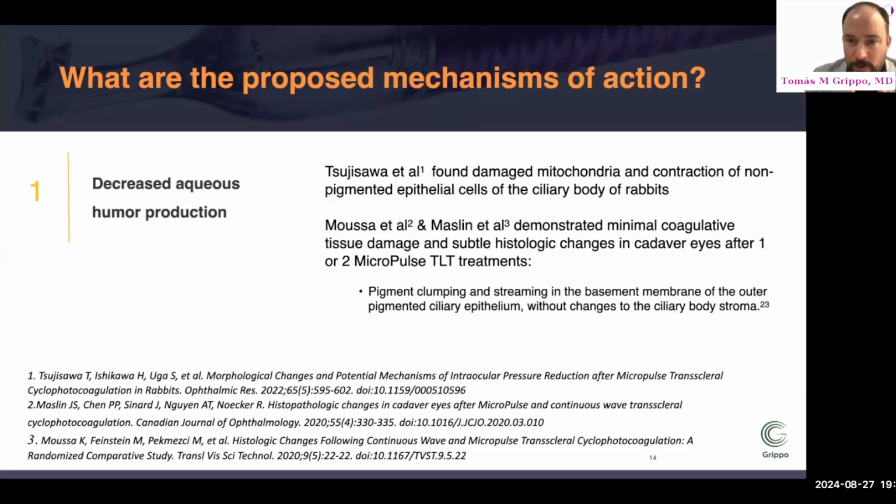Musa and Maslin also found minimal changes at that level, and this to some extent could suggest that MicroPulse TLT would have an effect on decreasing the production of aqueous humor. We know that for sure in the case of CPC, but we weren't that sure in the case of MicroPulse. At least there are some changes within those structures that produce the aqueous humor that would be affected by MicroPulse TLT.